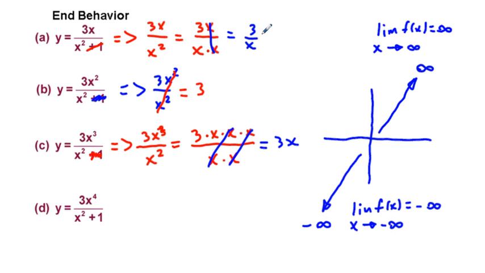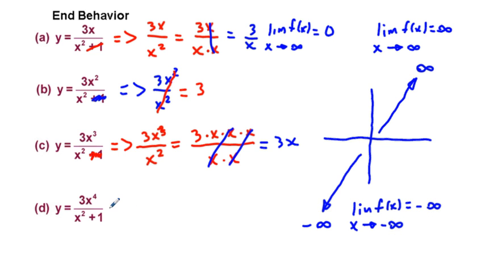So on this one on top, it's going to be the limit as x approaches infinity of f of x is going to be 0. And then here, for b, it's going to be 3.